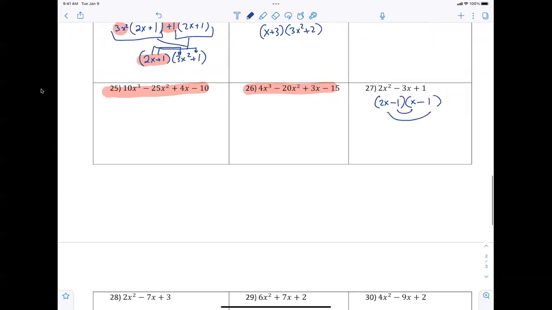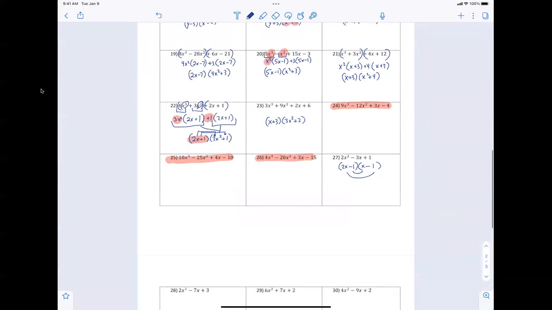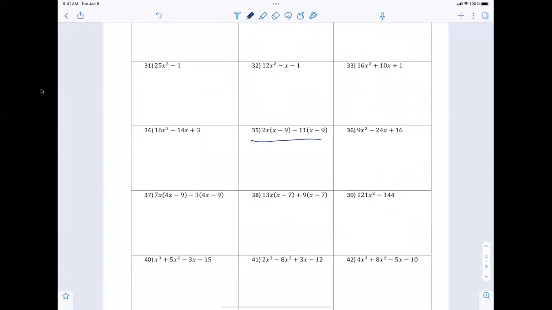All right, so what I want to do now is stop the video. I have 2 papers I need to give back. The reason I want to give the papers back is that you had some confusion with the factoring. You can look at your notes or whatever. If you did all of those problems yesterday, then everything below 27. Now, 35 is grouping, right?